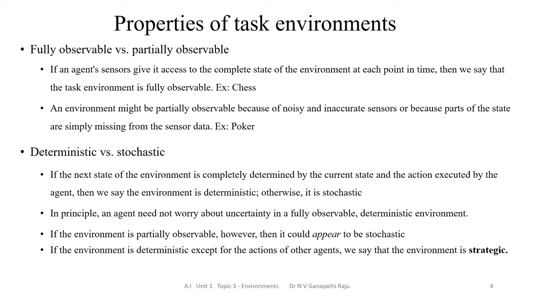If the environment is partially observable, however, it could appear to be stochastic. For example, taxi driving is clearly stochastic, whereas the vacuum cleaner world is deterministic. Finally, if the environment is deterministic except for the actions of other agents, then we can say that the environment is strategic.